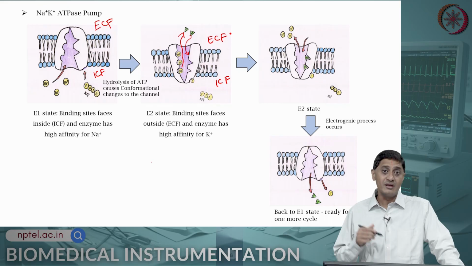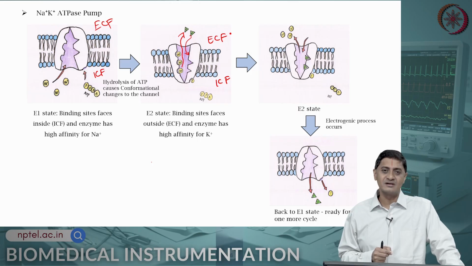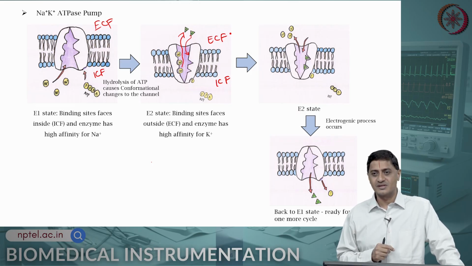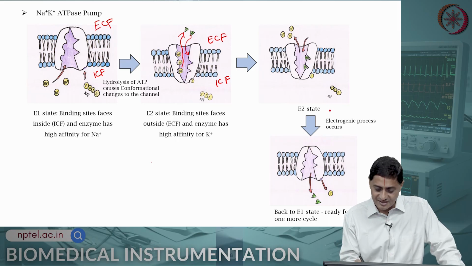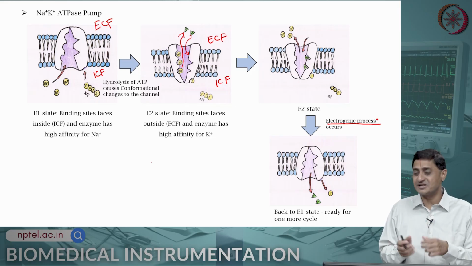Why? Because 3 positive ions have left, and only 2 positive ions have come in. That means the cell has become a bit more negative when compared with the outside, which is why this process is called an electrogenic process, that it creates a potential gradient.